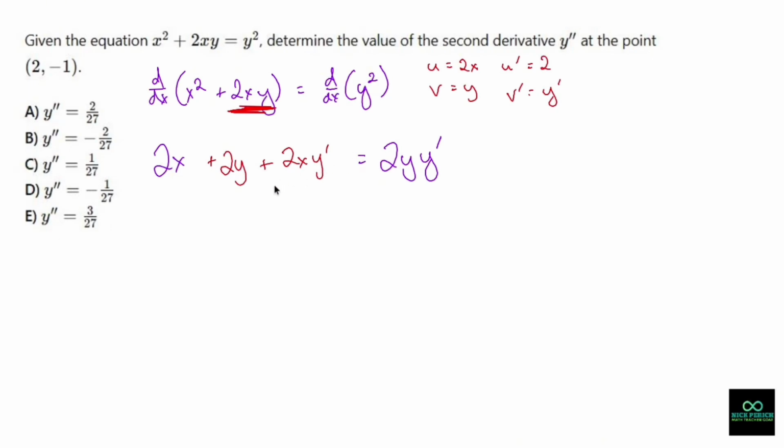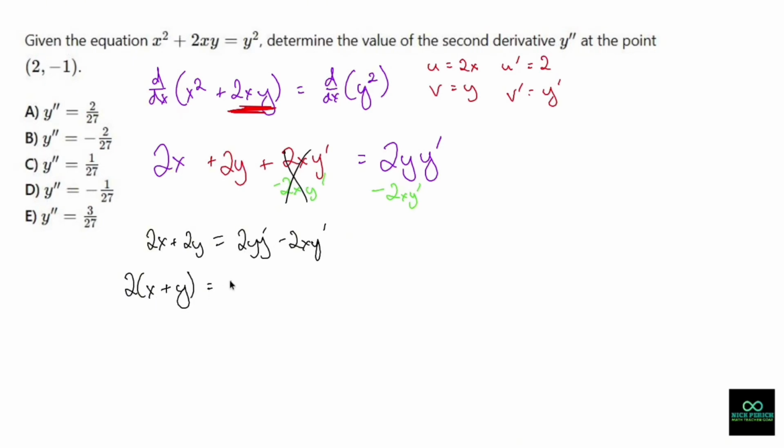Now, let's move you to the other side, like so. The left side is now 2x plus 2y equals 2y y prime minus 2x y prime. Factor out whatever you can on both sides. Factor out a 2 on the left, 2 times x plus y.